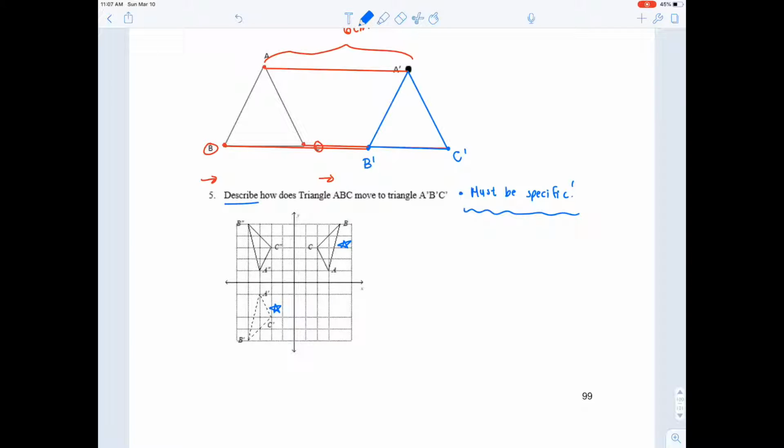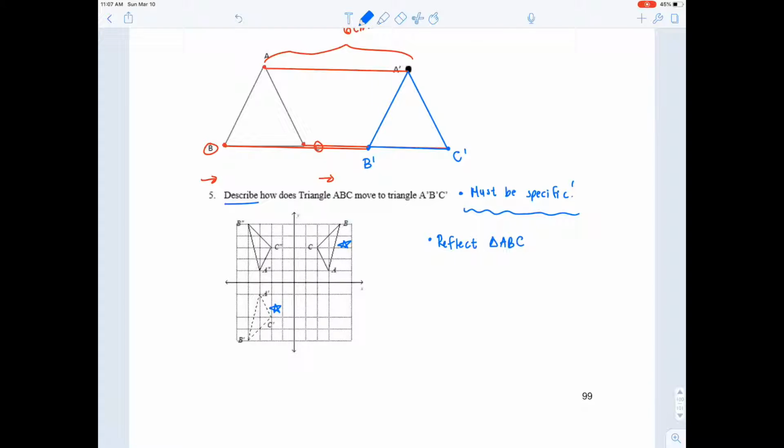So let's take a look here. It looks like actually this A double prime, B double prime, and C double prime over here, this triangle, is a reflection of triangle ABC. So I actually might just say that I will reflect triangle ABC.